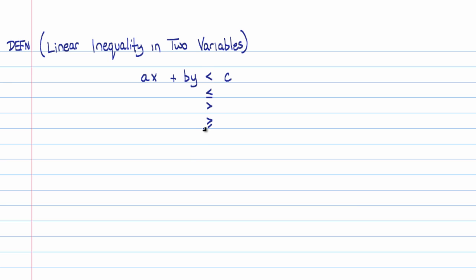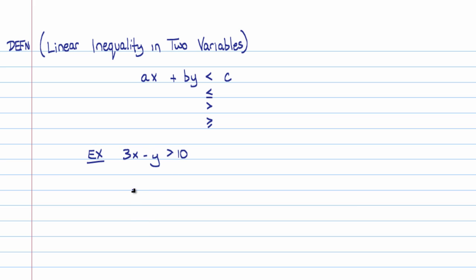Those are all inequality symbols. In fact, there's another inequality symbol, but I'm not going to write it down. It's the not equal to sign. However, we're going to deal with these kinds of inequalities, greater thans and less thans and whatnot. So that's a linear inequality in two variables. A very quick example would be something like 3x minus y is greater than 10.